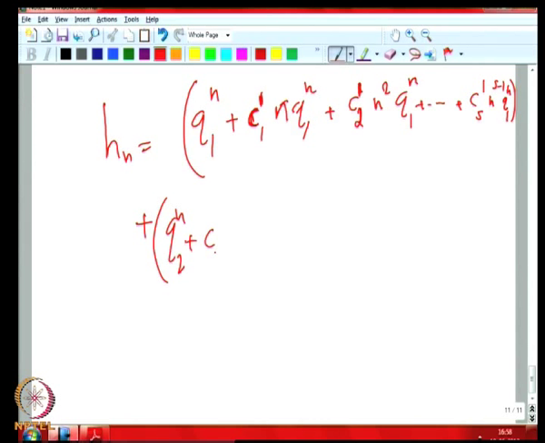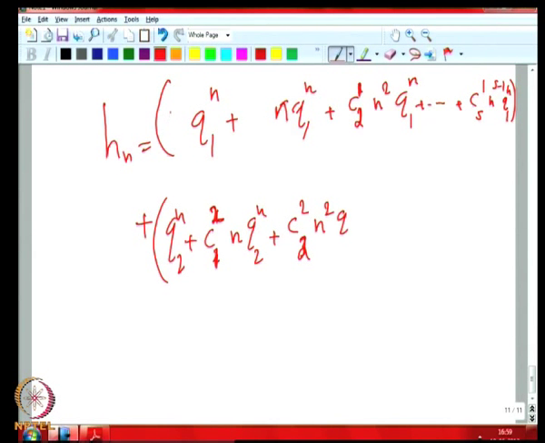Here the coefficients are c1, c2, c3 up to cs, and we have 1 here to indicate it is the first one.